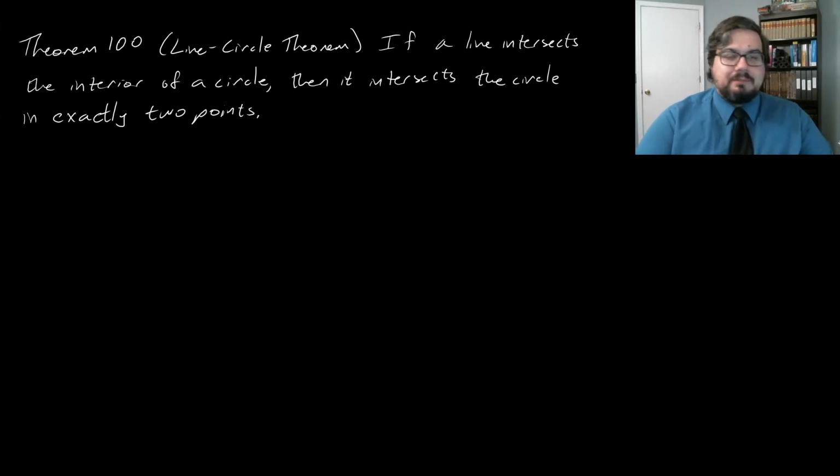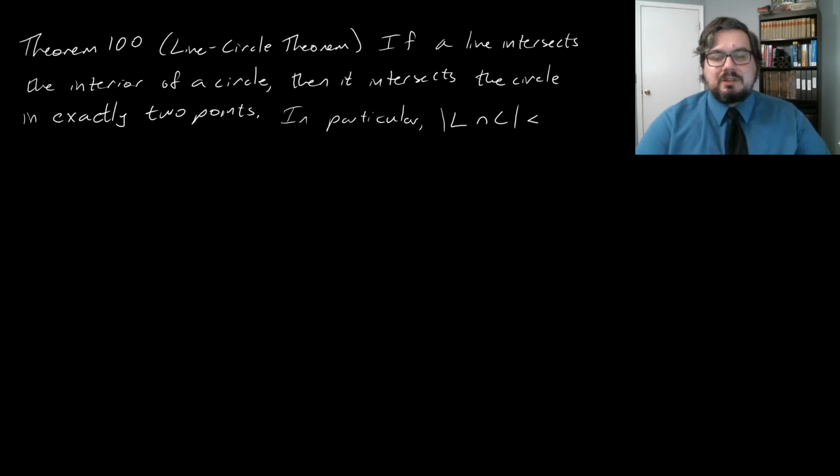So in particular, if I take a line and a circle and I look at their intersection, that's always going to be less than or equal to 2. You can never have a line and a circle intersect in 3 or more points.